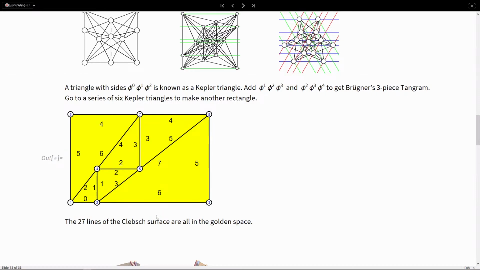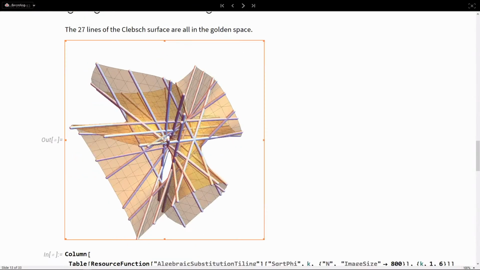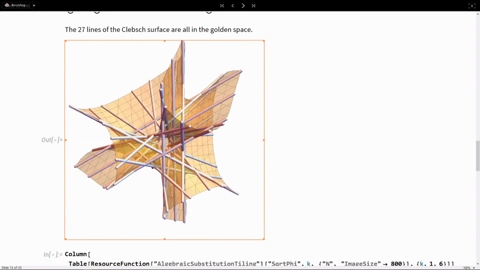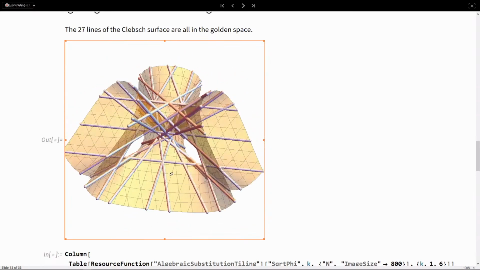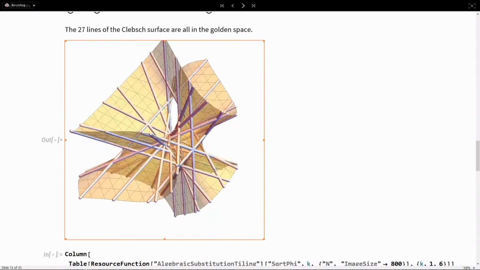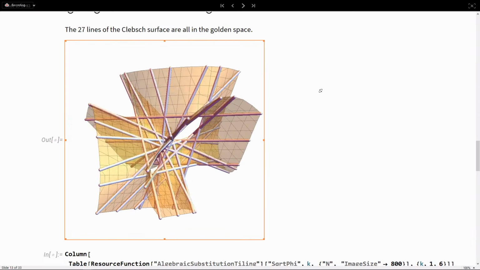I decided to extend it to 6 triangles, and you could get this nice rectangle out of it. You can also build the club surface entirely with the space of the golden ratio. And some friends of mine that work with Zoom just recently built this object using nothing but Zoom pieces.